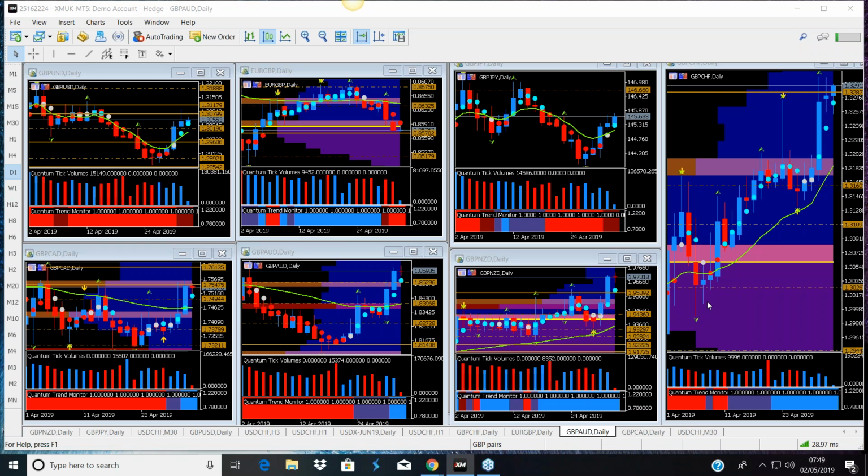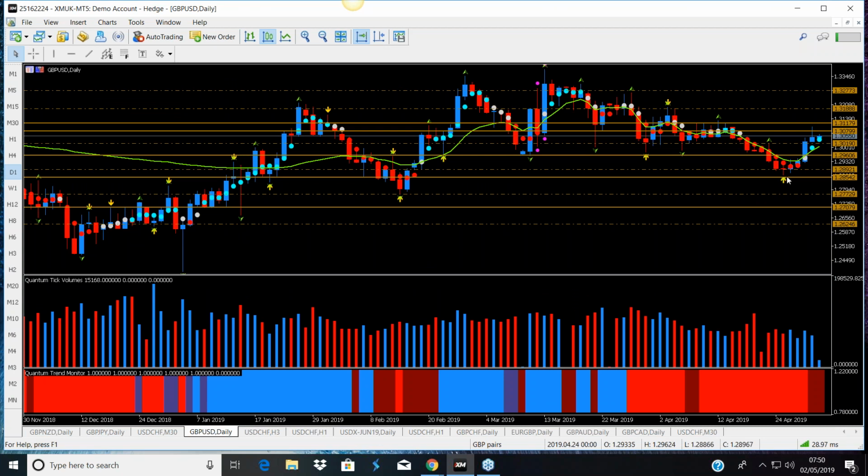And this is the way you do it manually. You'd set up all these charts and you eyeball it and say, okay, I can see maybe what's happening with cable here. What are we seeing on the daily chart on cable? Let's just expand that. We had this nice up bar here with reasonable volume underneath it. Then yesterday we had this.